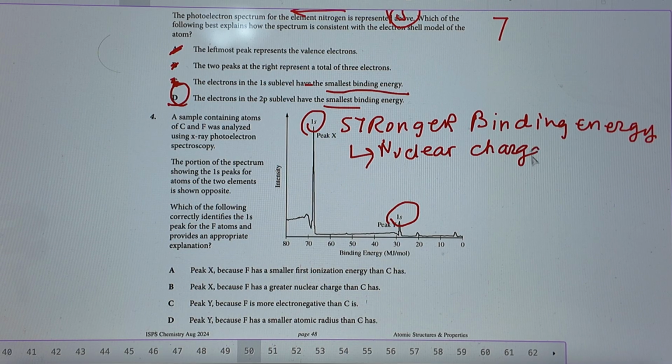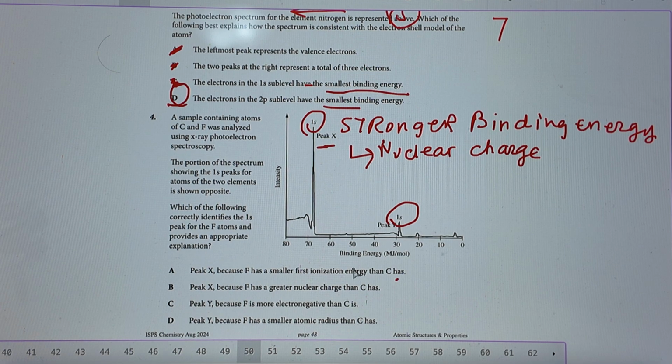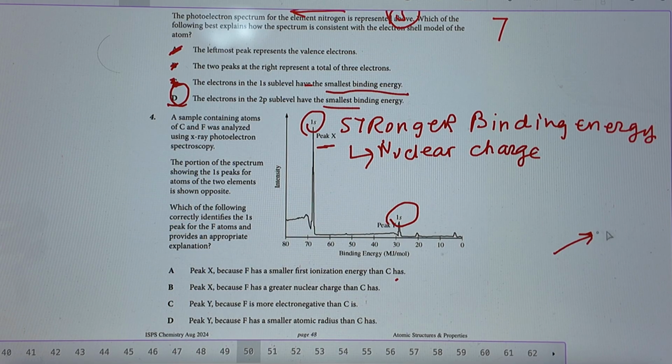So if we look, peak X, this is peak X, would have a smaller first ionization energy than C has, and that wouldn't really make sense because F has a larger ionization energy, and ionization energy, I think we went over this in the last one, is usually up in the corner. The higher up and up to the corner, right?